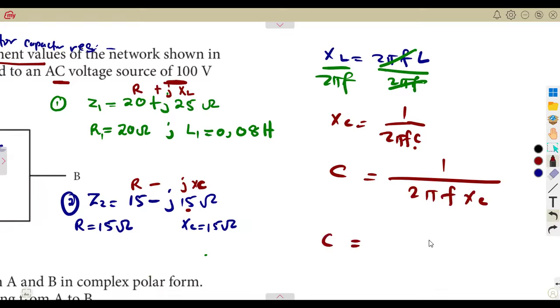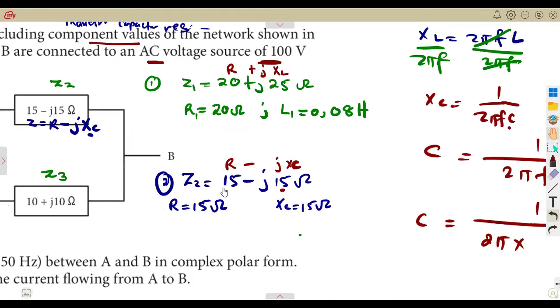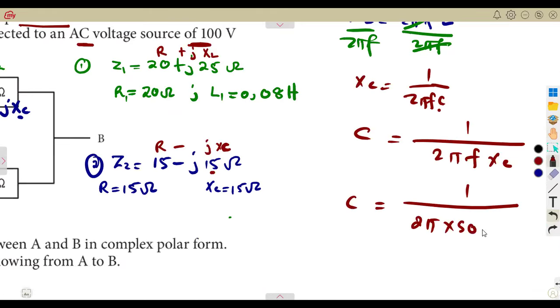So it is just going to be a substitution: 1 over 2 pi times the frequency. Remember, our frequency, we said it's 50 hertz. So that is 50 times XC, which is 15. So we just make C the subject, guys, and we are going to obtain the capacitance in that case.